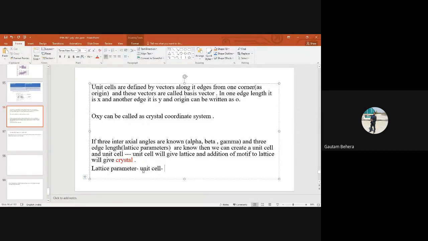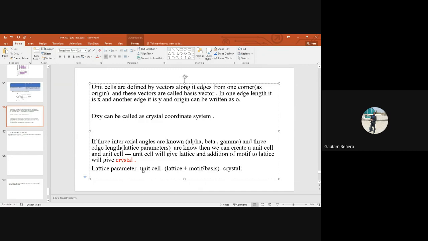If the unit cell is known, then it will repeat in 3 dimensions to give rise to a crystal. But here I should write what? A lattice should be there. And what else is required? A motif, or basis. Finally, it will give rise to a crystal.